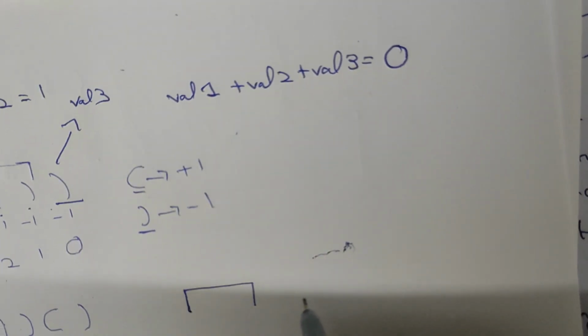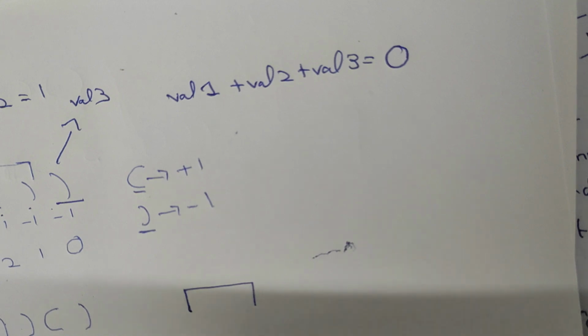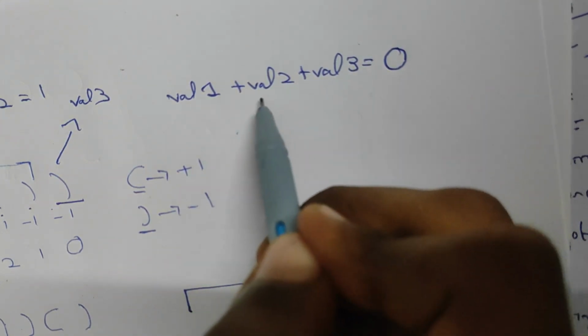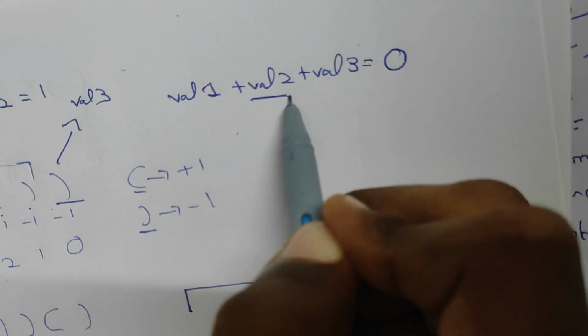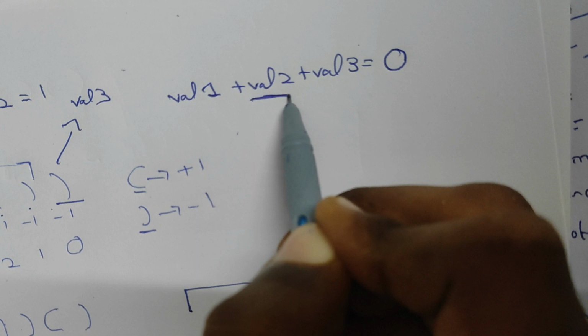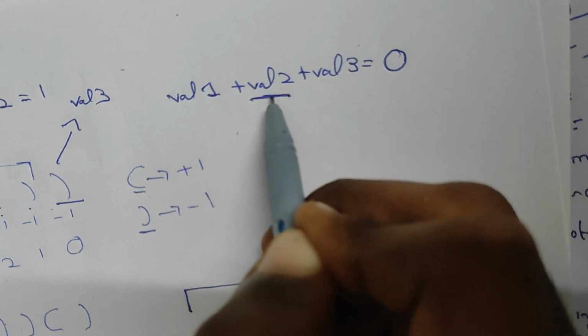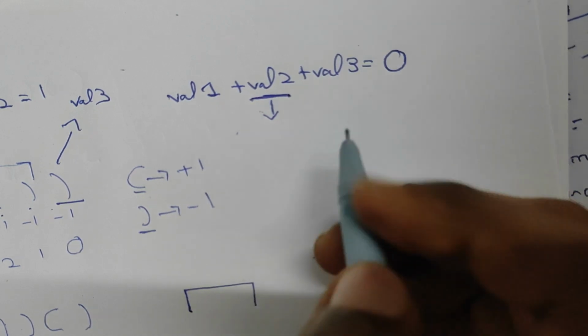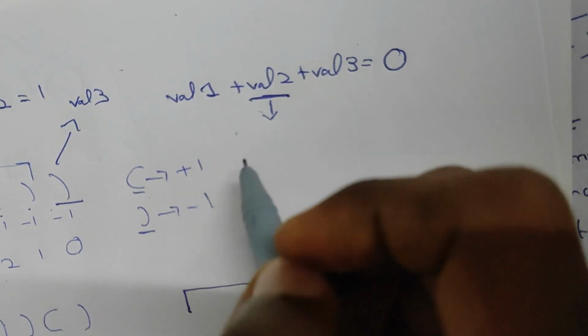But they have asked us to flip this particular value 2. When we flip the brackets that correspond to value 2, this value becomes negative, so it becomes the opposite.